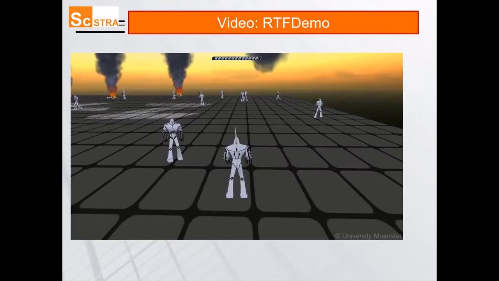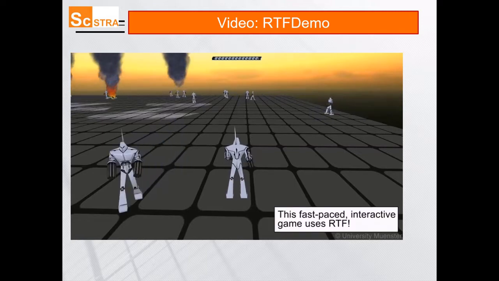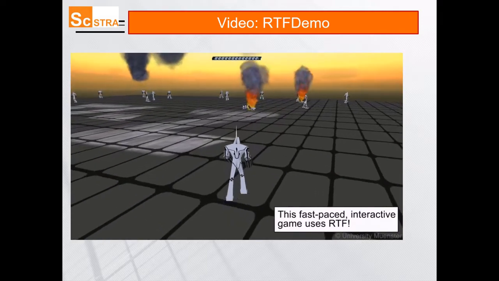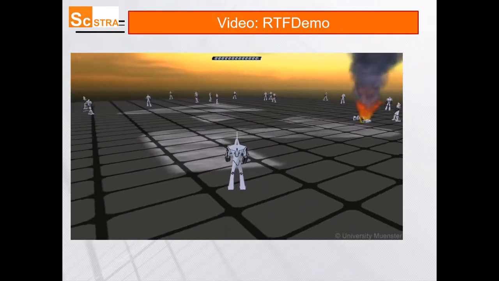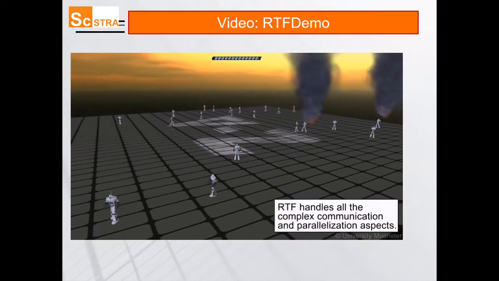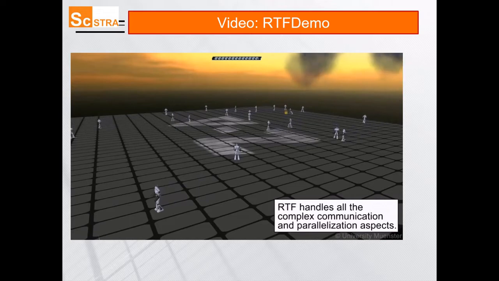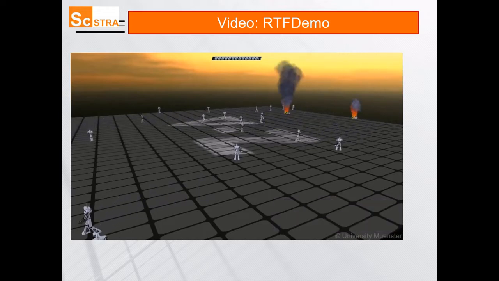And now I will show you a short video with an example application, and you see here several robots. These robots are moving and they are shooting at each other, and if shot they are burning.